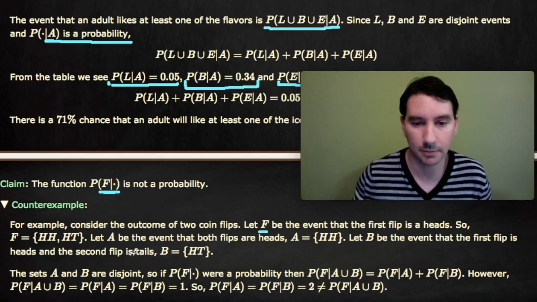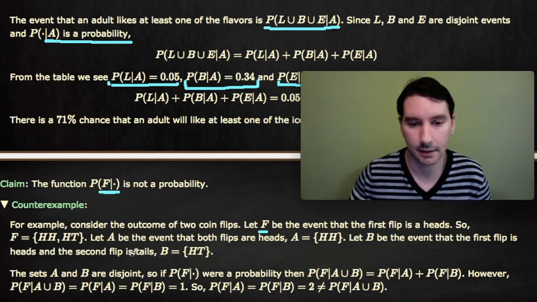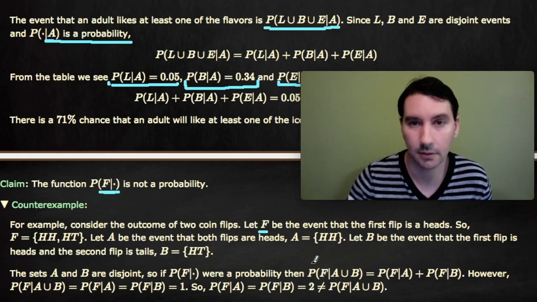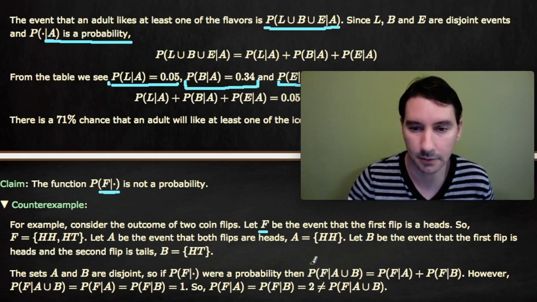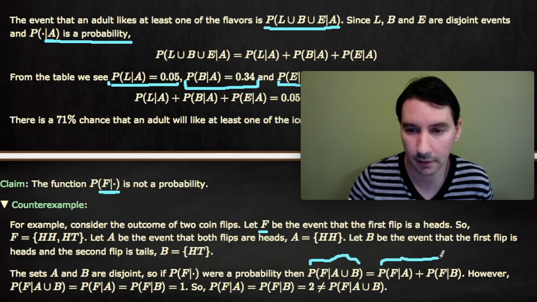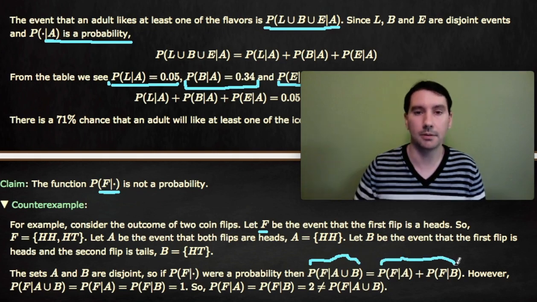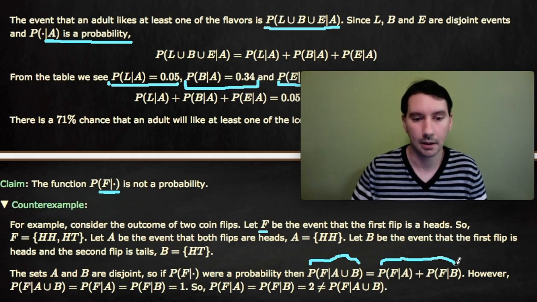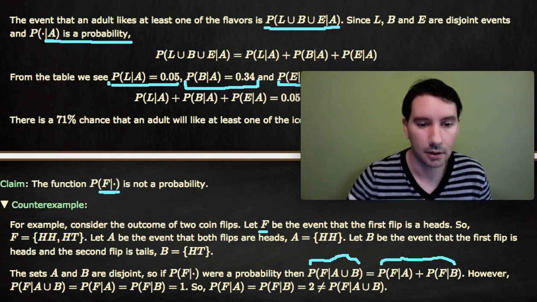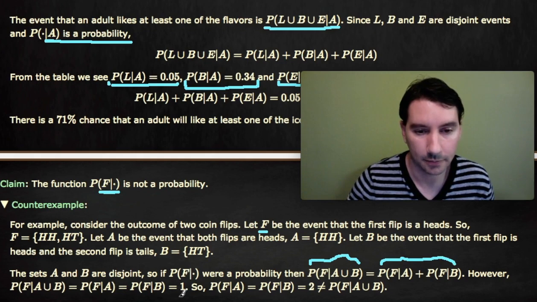So if we could treat the probability of F given some sets as a probability, then we should be able to say the probability of a union of disjoint sets is the sum of the probabilities. So in other words, the probability of F given A union B should be equal to the probability of F given A plus the probability of F given B. However, all of these events have probability 1.